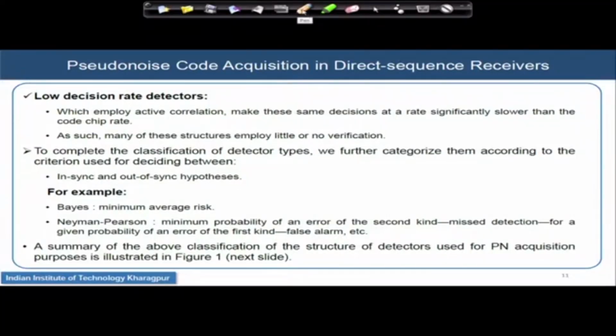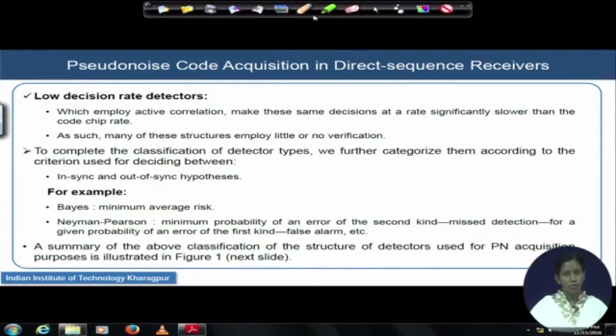And to complete this whole discussion, there is a last kind of detector type, which we categorize in terms of the in sync and out of sync hypothesis. I mean, there is a hit or there is no hit, synchronization is achieved or not achieved, based on the principle of the Bayes theorem or Neyman-Pearson kind of algorithms, where the minimum probability of an error of the second kind, misdetection, for a given probability of error of the first kind, false alarm, is involved.